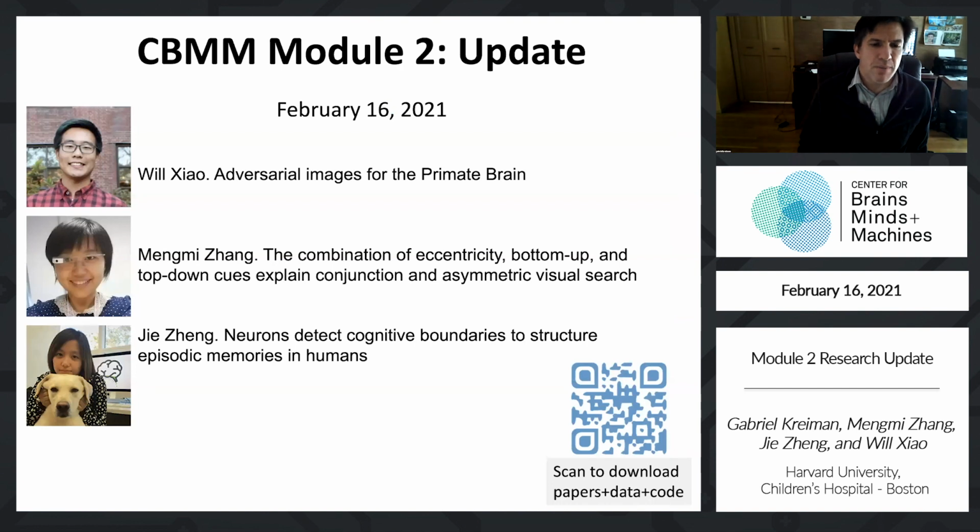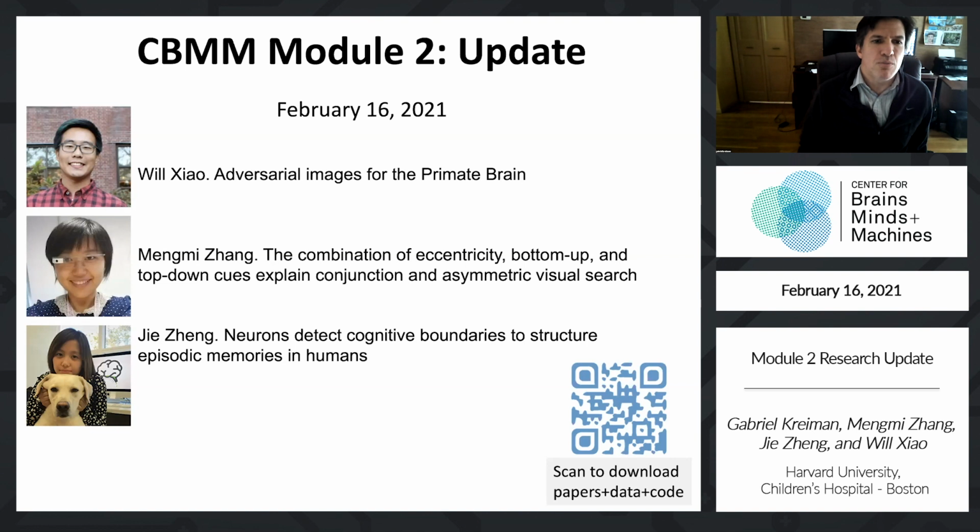Mengmi is going to tell us about one of the most basic routines that has to do with understanding the role of attention and eye movements to sequentially understand a visual scene. Then GA is going to talk about the transfer of visual information to episodic memory and how our brains detect boundaries to segment information to form episodic memories.